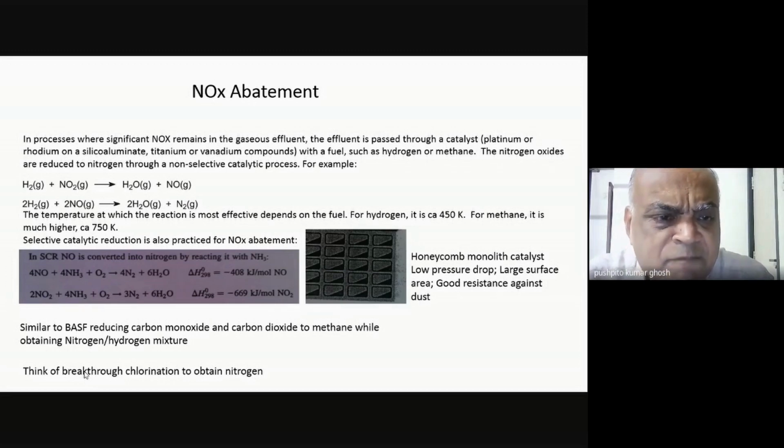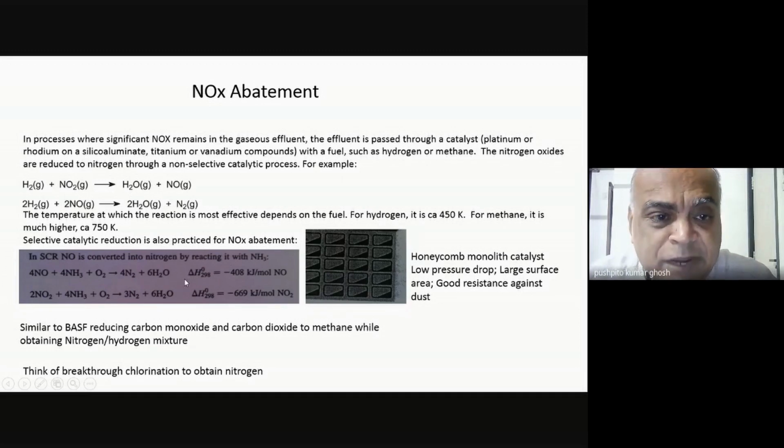In that same way, you can reduce NOx with hydrogen, in a stepwise manner, and get nitrogen coming out. Or, which is probably better suited to the Ostwald process, because ammonia is my feedstock, I'm starting with ammonia, so you can react the NOx with ammonia in presence of oxygen, and it gets converted into nitrogen and water.